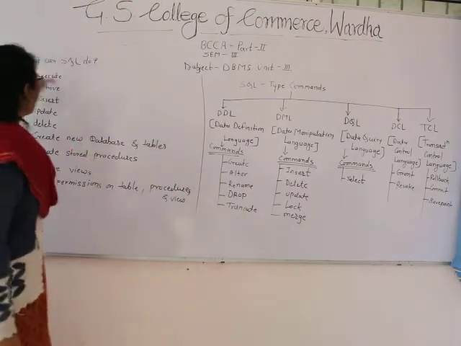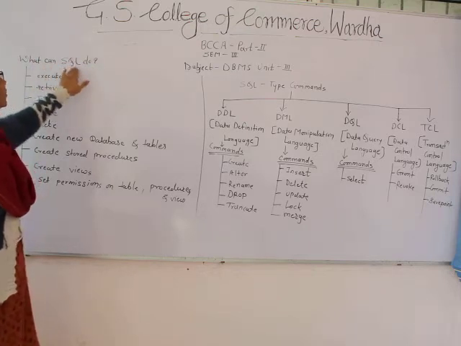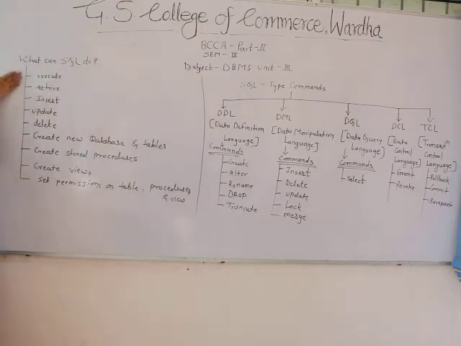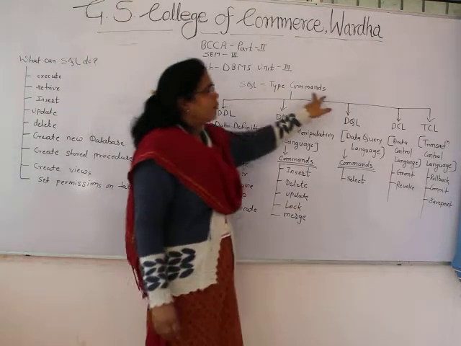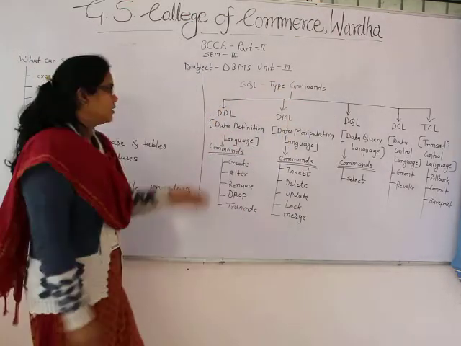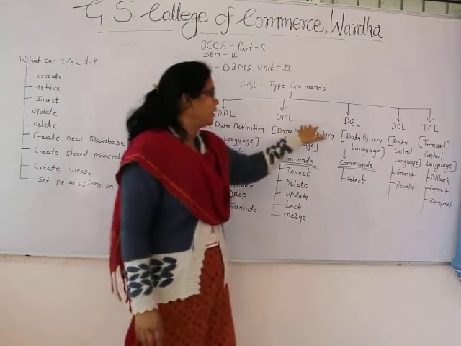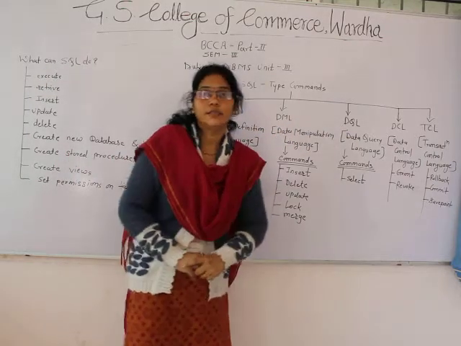Okay. So SQL, what can SQL do? Those are the operations performed by SQL by using the commands, and the types of commands are DDL, DML, DQL, DCL and TCL.